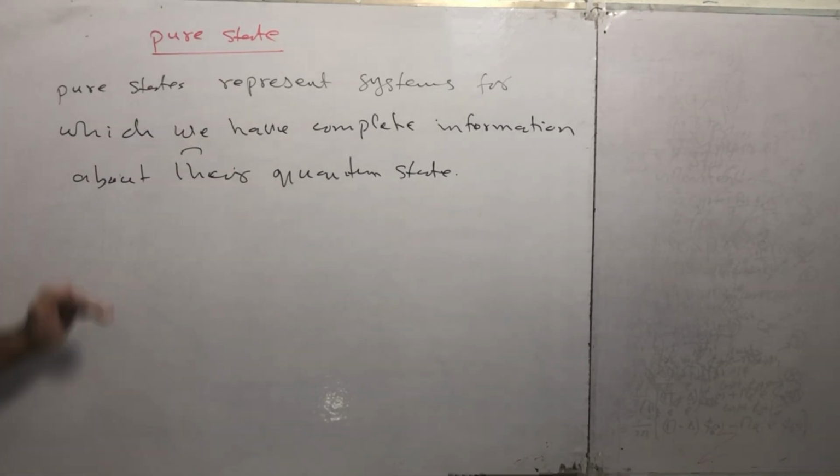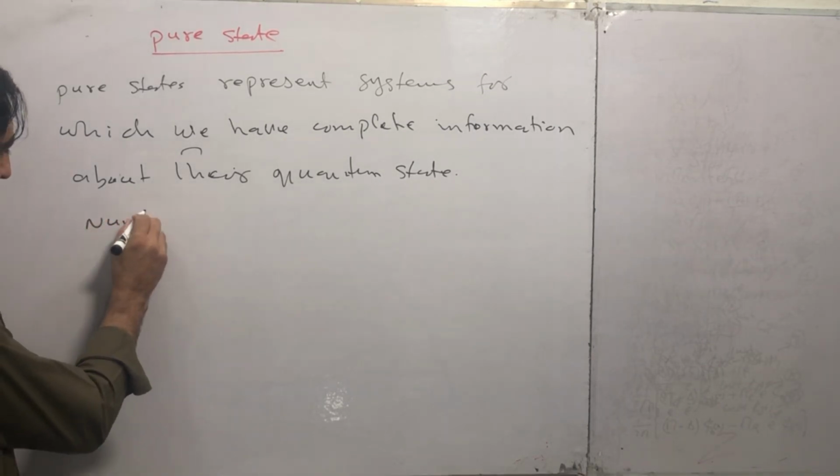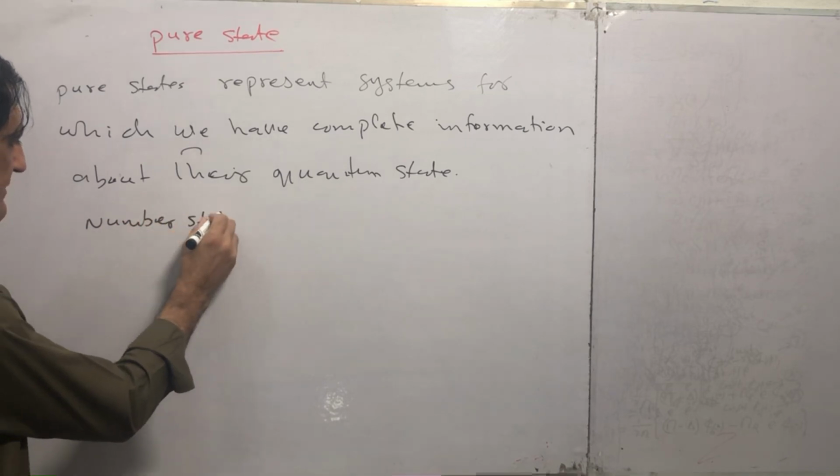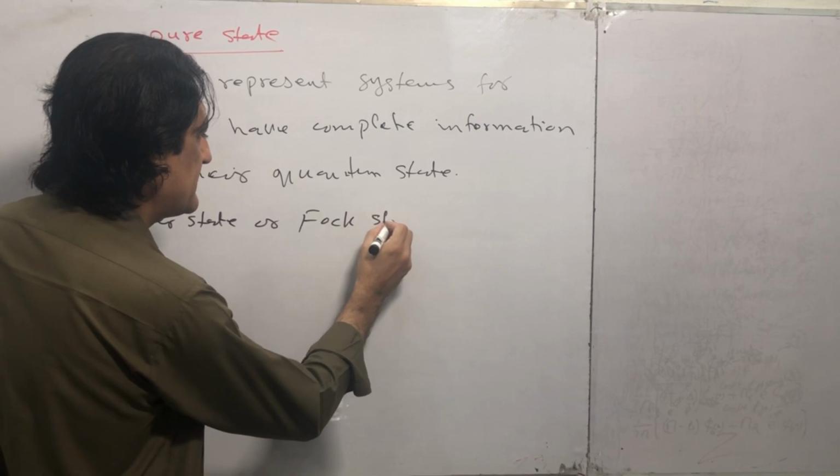We will know the quantum state and we have all the information about it. For example, a number state or Fock state.